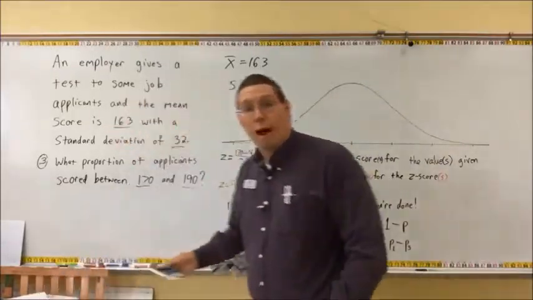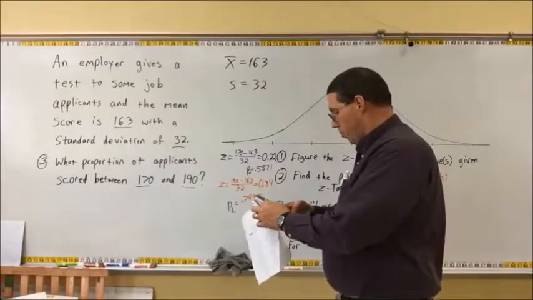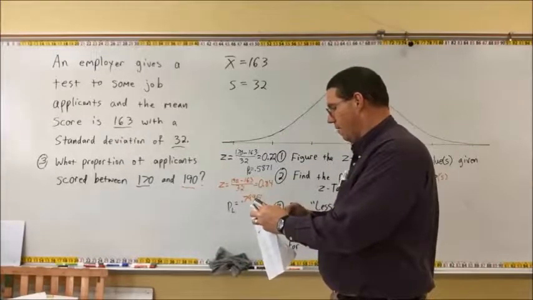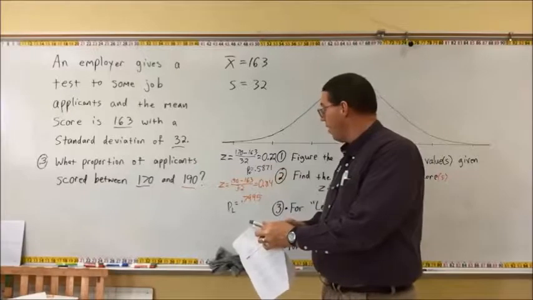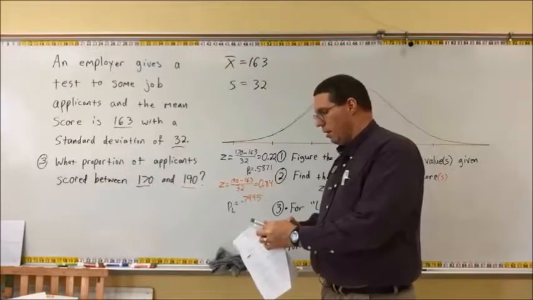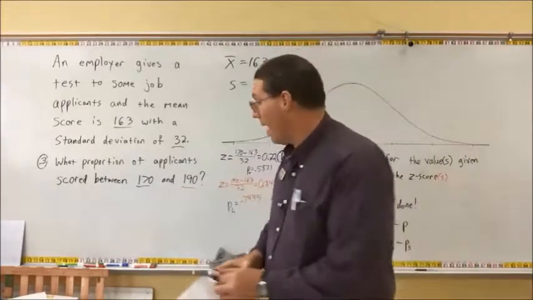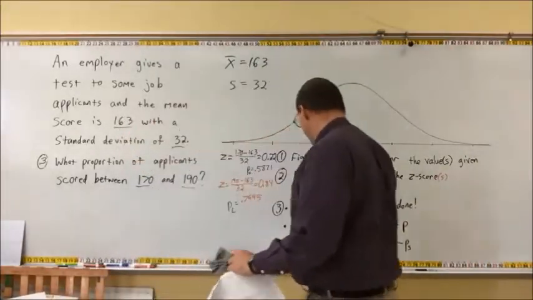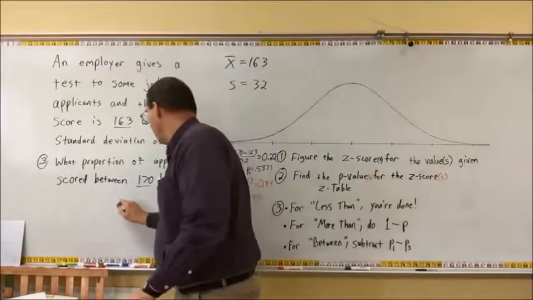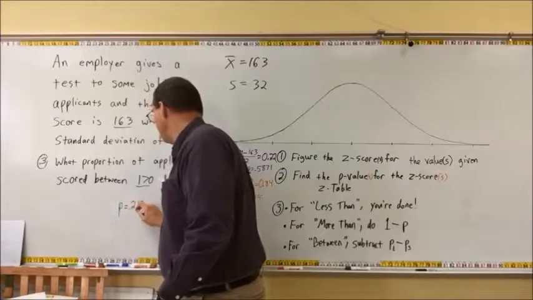So now we just subtract. We'll do 0.7995 minus 0.5871, and we get 0.2124. And what that means is this. Let me show you. So we'll say P is equal to 0.2124.